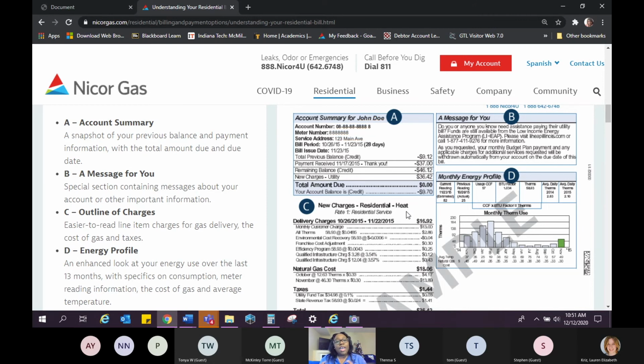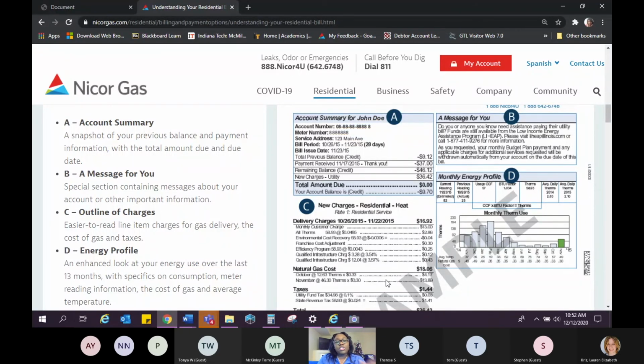So if you do have a business on service, you'll just see non-residential. But this customer is a residential heat customer, which means they do pay for heat. We do have customers that do not pay for heat. So if you are a customer that just maybe pays for cooking gas, we'll have residential no heat on there, just to explain that.